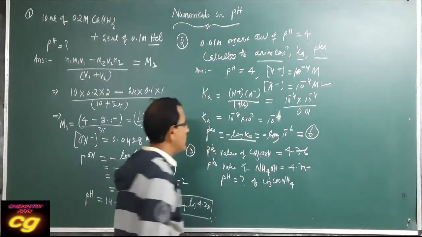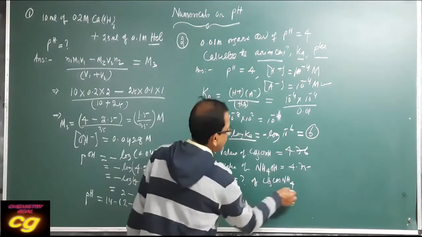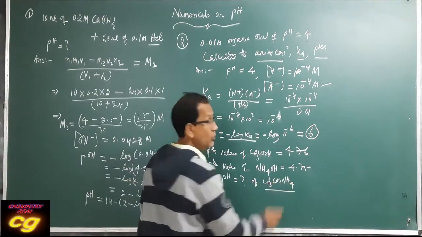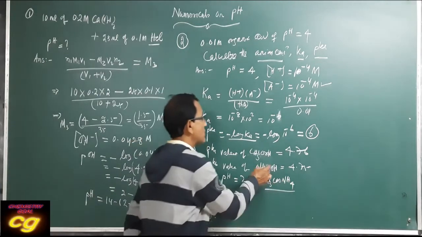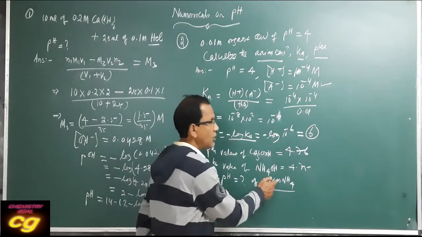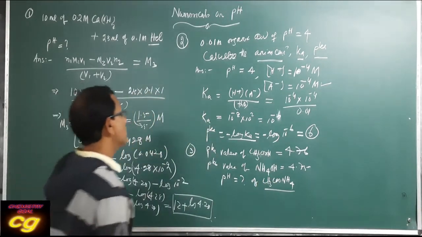Ammonium acetate. The pH value of ammonium acetate, as it is a salt of weak acid and weak base. Ammonium hydroxide is a weak base and acetic acid is also a weak acid. So it is a salt of weak acid and weak base. Then you already know the pH calculation.